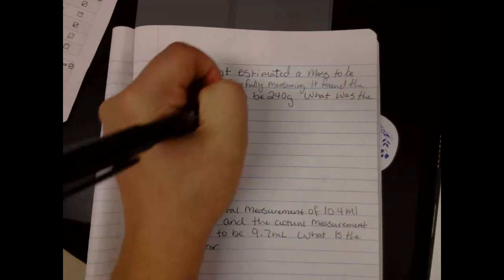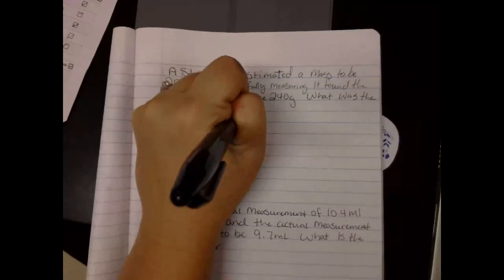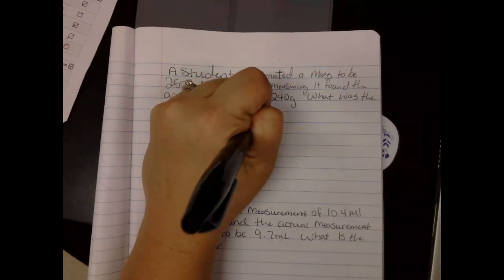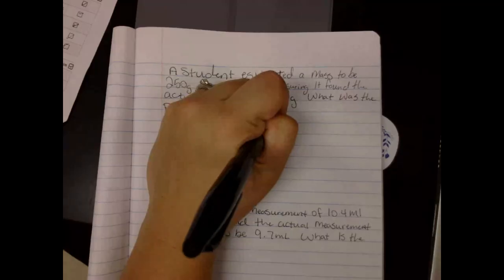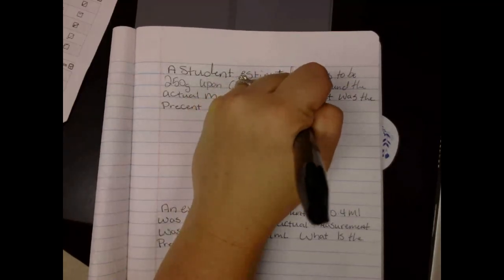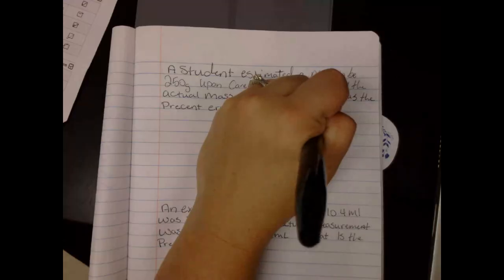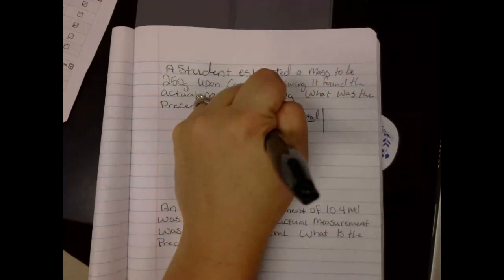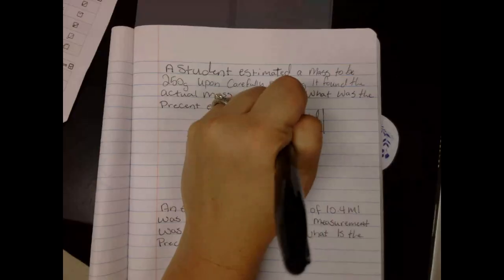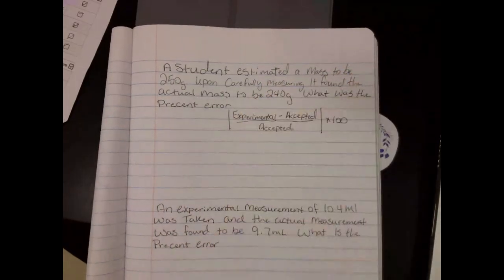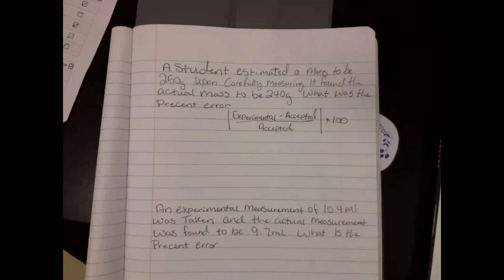So if we remember our equation, experimental minus accepted, all over accepted, times 100. So that is my equation.